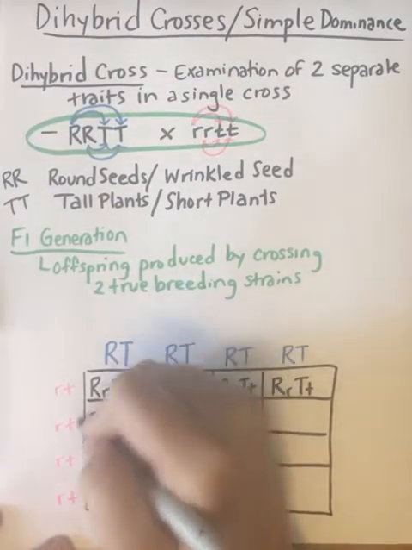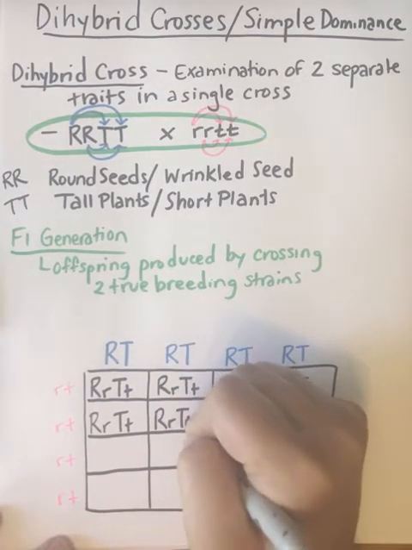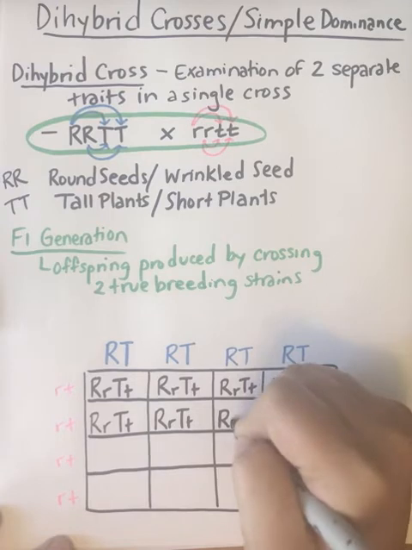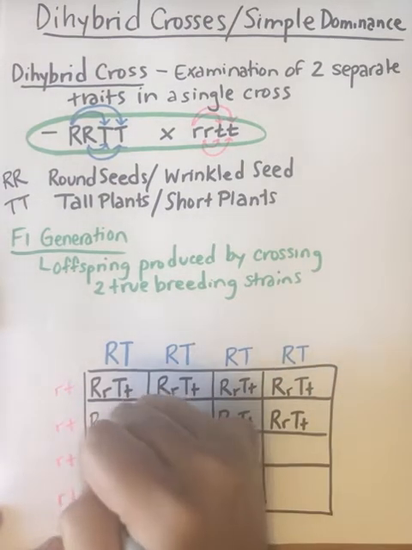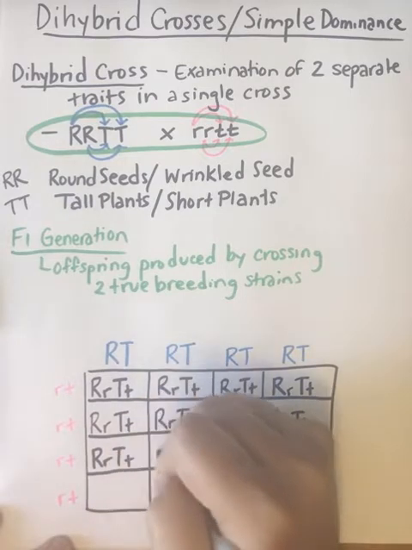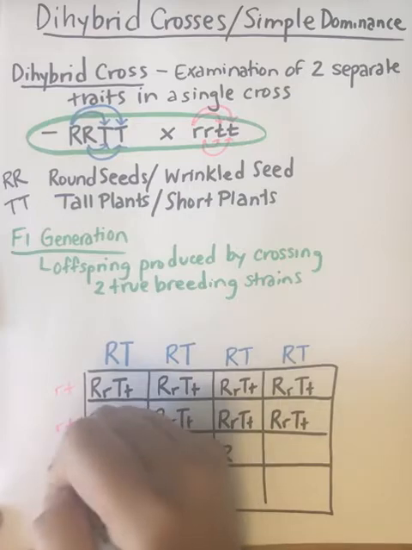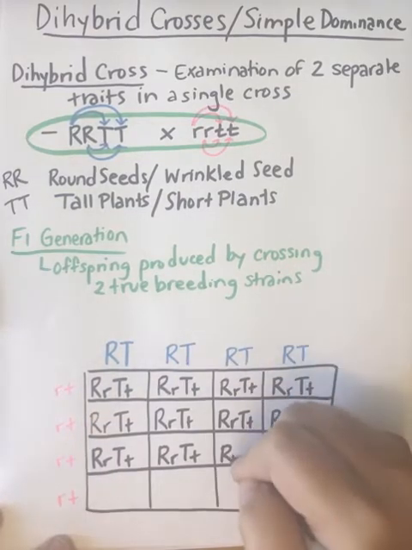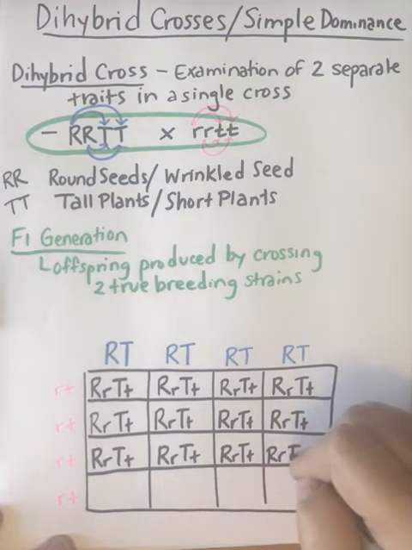Big R, big T, little t. This is your F1 generation. I would just go through big R, big T, little t, big R, big T, little t.